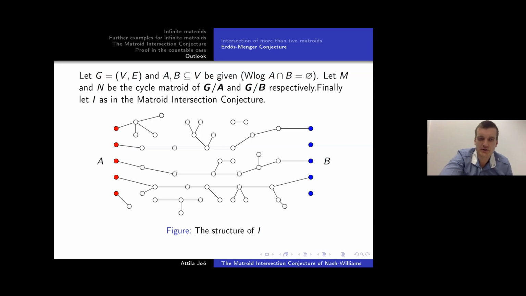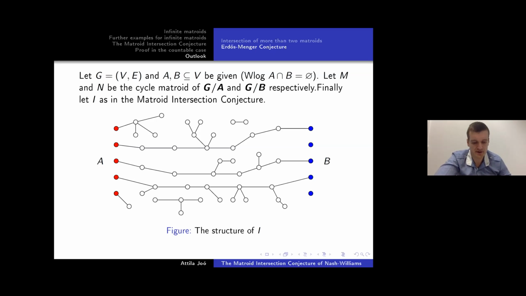We also know that there is no tree in this forest that meets more than once with the red edges or more than once with the blue edges, because otherwise, after the contraction of these sets, we would have a circuit in one of the matroids.